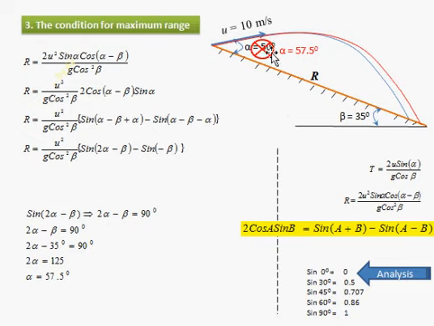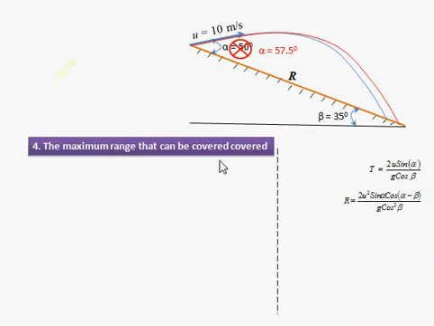If we use 57.5 degrees, we will get a path like this, so that the distance traveled will be more. The next question is the maximum range that can be covered. Here, when we use 57.5, as I said in the previous question, the stone will hit here. What is that new distance covered?